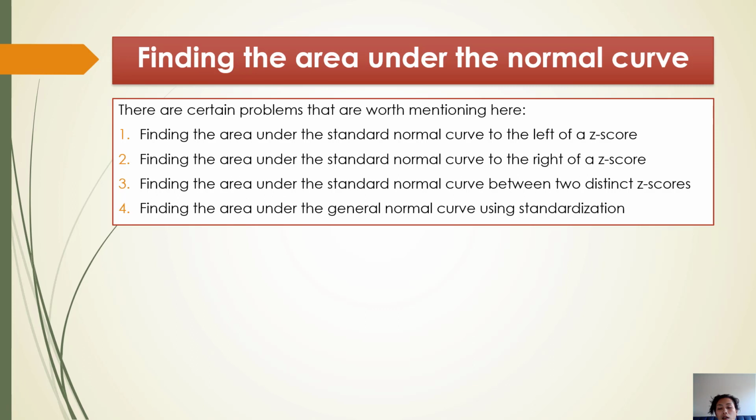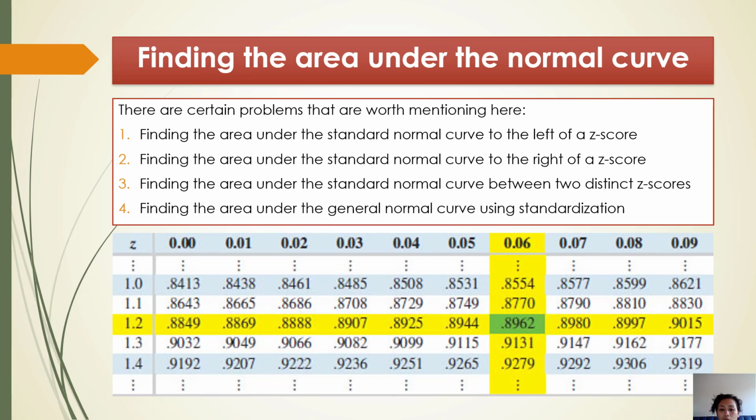In this lesson, I'm going to show you how to use the z-score table to find a solution for these 4 types of questions. Here I include a short version of the z-score table and how to interpret the table. I will walk you through these 4 types of questions and show you how to interpret this table.